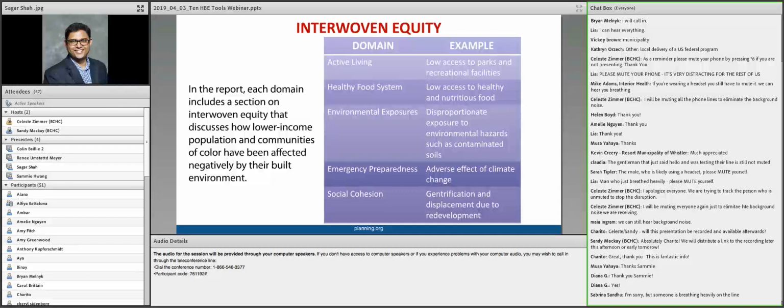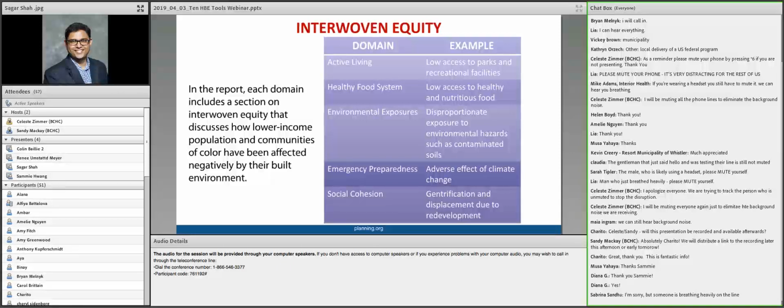So the effort was to highlight these disparities and get planners to think about these aspects when they are working on policymaking. In terms of environment, environmental justice means having an equal degree of protection from harmful environmental exposure for all people, but we know that not all communities are exposed to the same consequences from a negative environment.